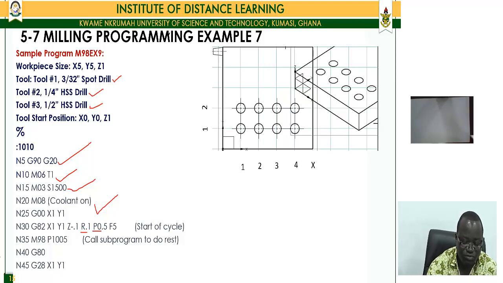So pause for 0.5 seconds at a feed of 5 inches per minute.